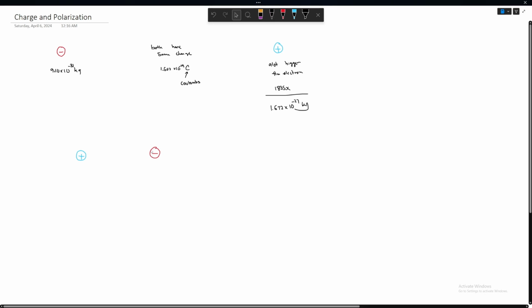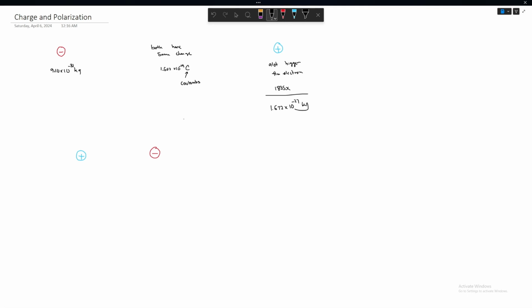And the force here is attractive. If they're opposites, they attract. You should know this. And if opposites attract, if they're the same, they repel.